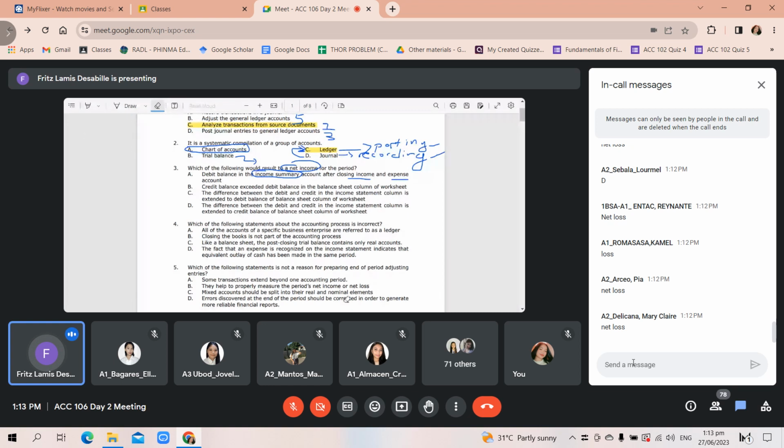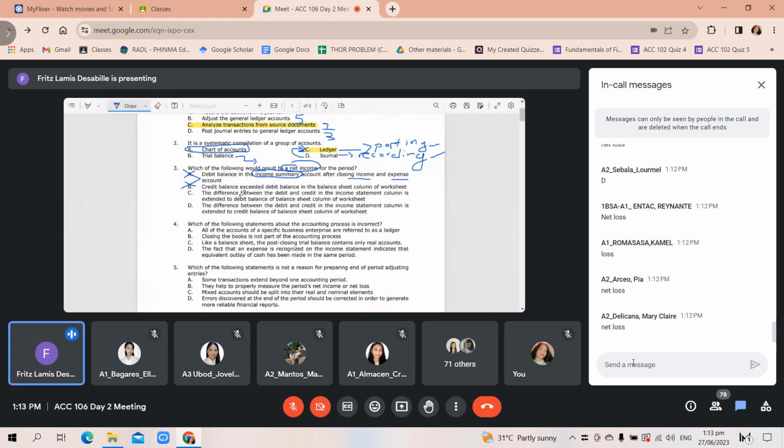So to close out the net income, you debit the capital account, sorry, you credit the income summary account. So that would result to a net loss. Okay. So letter A and letter B is wrong.